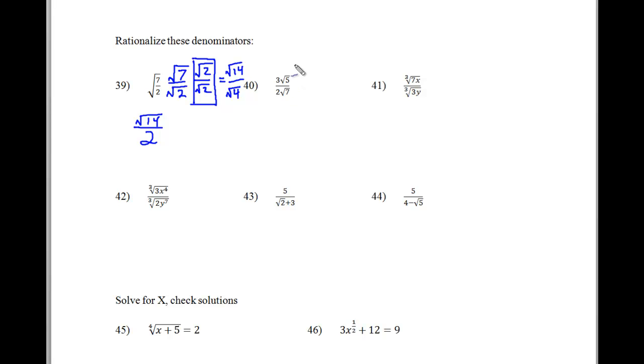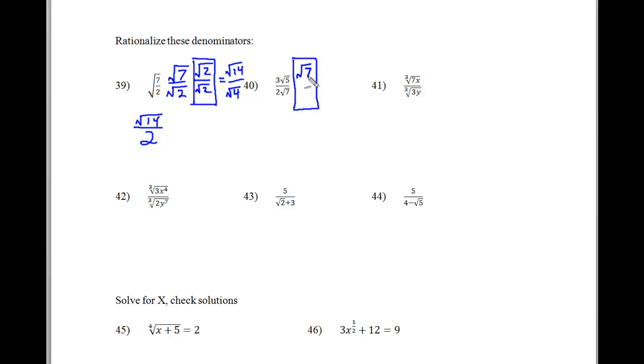In problem 40, we are taking a look at that denominator, and really our goal is to get rid of the square root of 7. Now, the square root of 7 isn't a whole number, but you can see on your root chart that 7 can make 49.